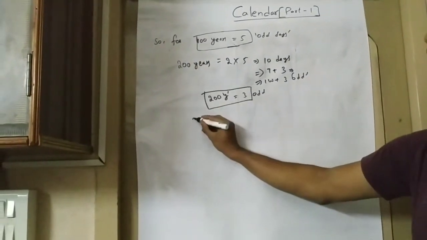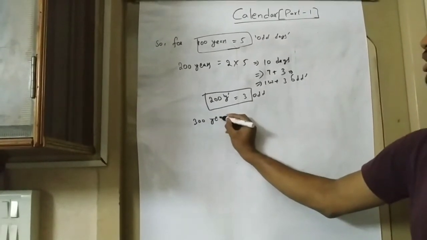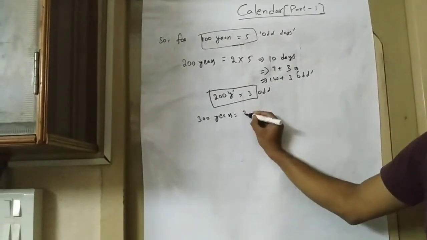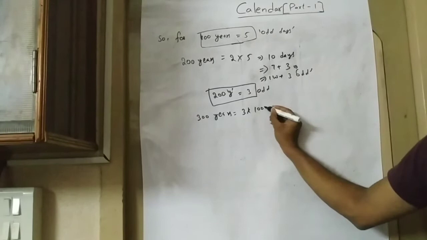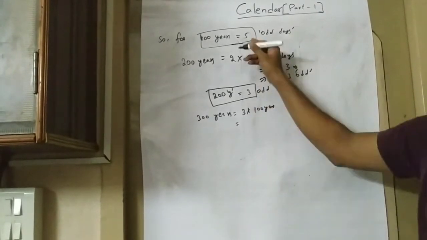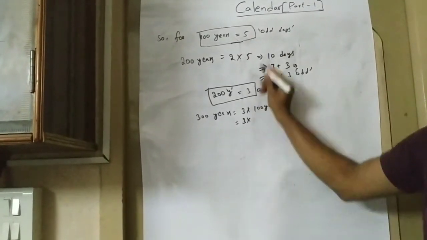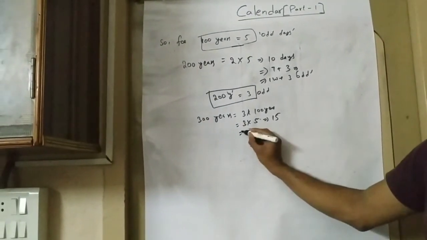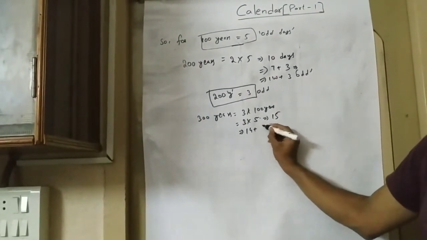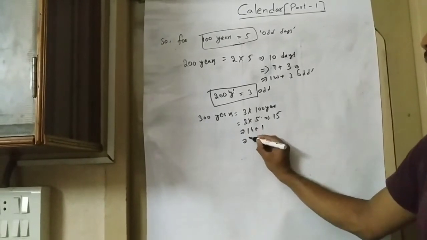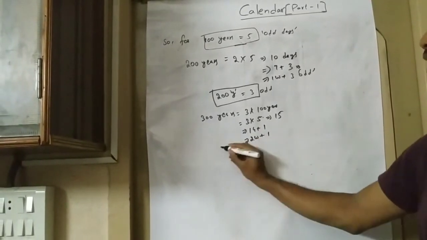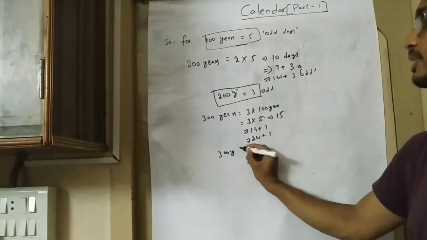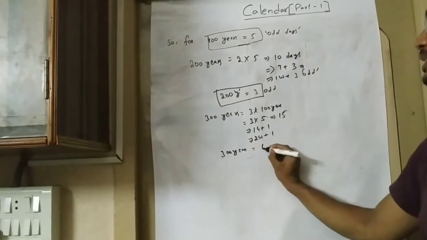Similarly for 300 years, that is 3 into 100 years. For 100 years we got 5 odd days, so that is 3 into 5, which is 15. 15 can be written as 14 plus 1, so 14 means 2 weeks plus 1 odd day. So for 300 years, the number of odd days is 1.